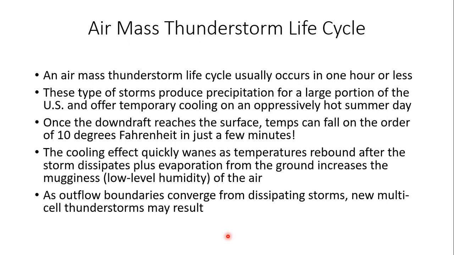And that cooling effect is not going to last forever though, because as the thunderstorm hits the dissipating stage, the downdrafts eventually will weaken, and you're going to get the cooling effect quickly waning as temperatures tend to rebound or increase after the storm dissipates.